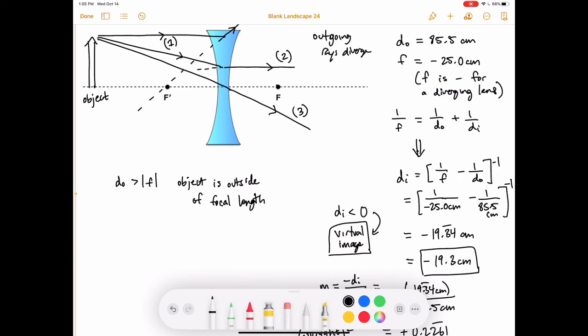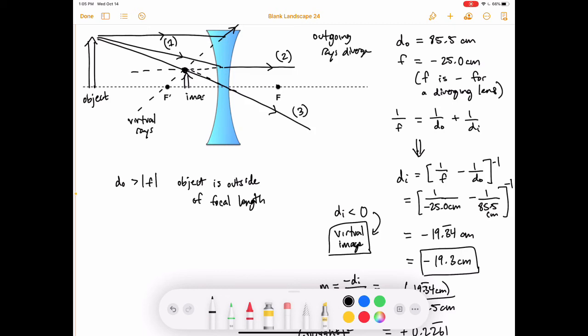This outgoing ray, if we trace it back behind the lens, it's like this, and then ray number 3, if we trace it back behind the lens, is still right here. So this is the point where those virtual rays, again, that's what we get when we trace the outgoing rays back behind the lens, converge right here. And again, since we're following the rays going from the tip of the arrow, this should be the image of the tip of the arrow right here where the rays converge.